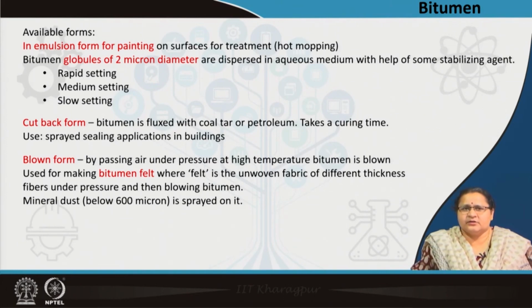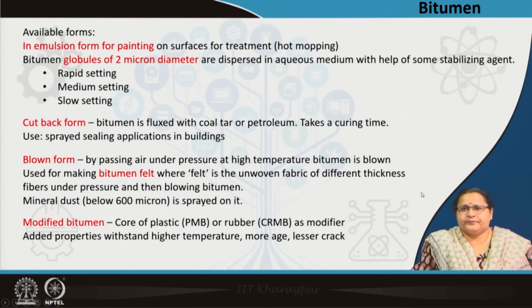Mineral dust is sprayed on top of it, which is below 600 micron, and that gives it a rough finish. You can visit rooftops at some places, maybe even in your home, and you can experience what it is, apart from seeing pictures.